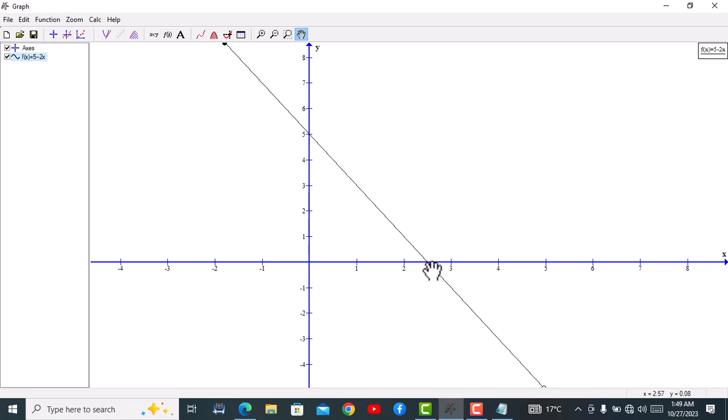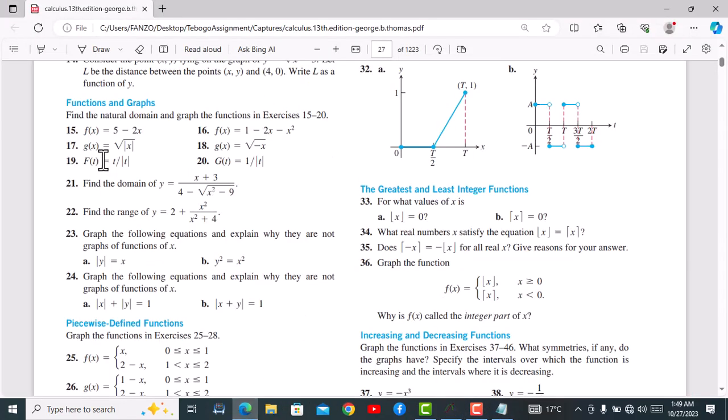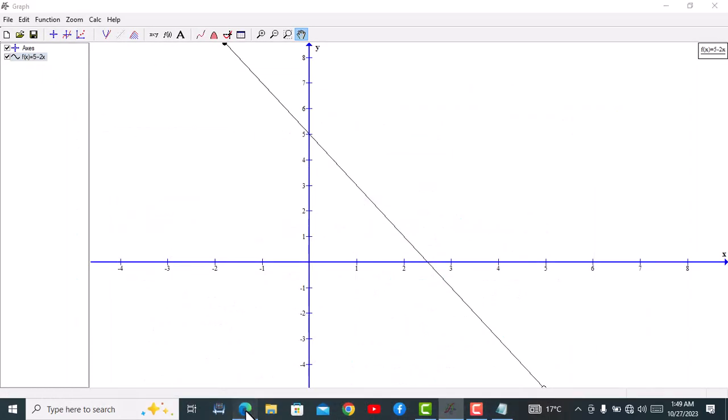To find it, set y equals 0, so you will have minus 5 equals minus 2x, and then divide by 2. Yes, it's 2.5.